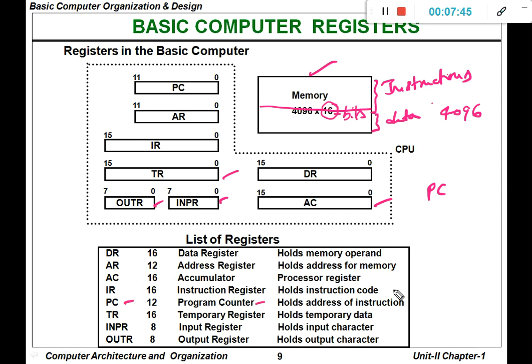This program counter is used to store the address of the next instruction. Okay, it holds the address of the next instruction. Why does it hold the address of the next instruction? Whenever we execute a particular program, the program contains a set of instructions.